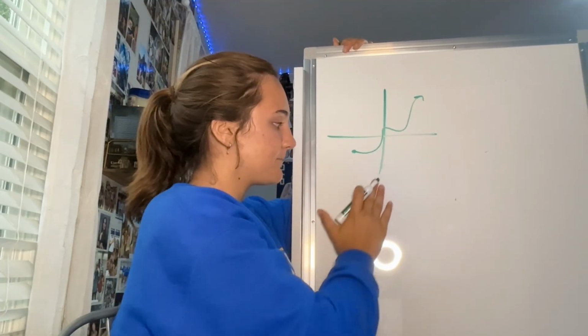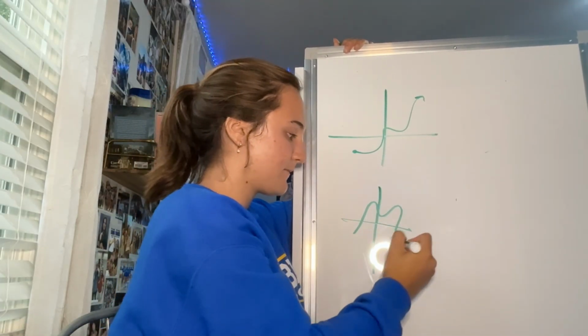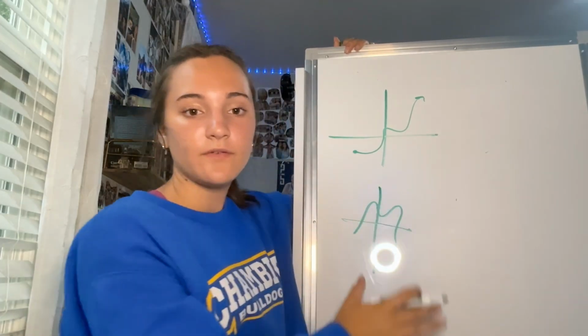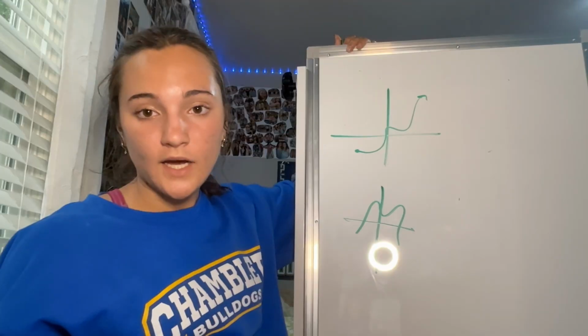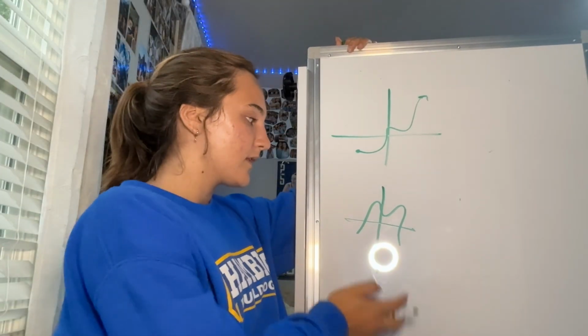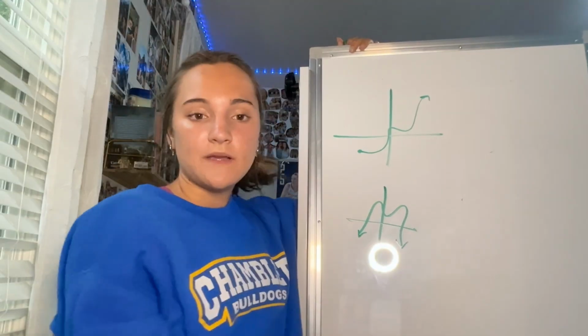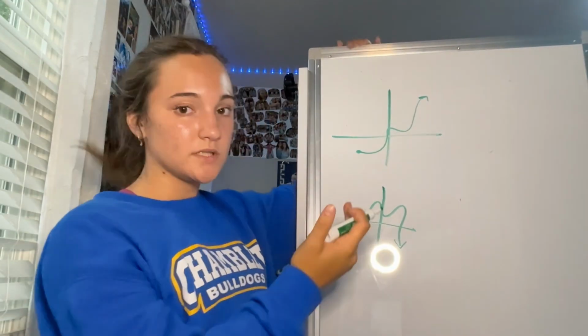But typically you'll see it where these are the absolute maximums because the function just won't go any higher than that. It's only going down. There's no absolute minimums because, again, it's going down. For here, there's no absolute maximums because it's always going up.